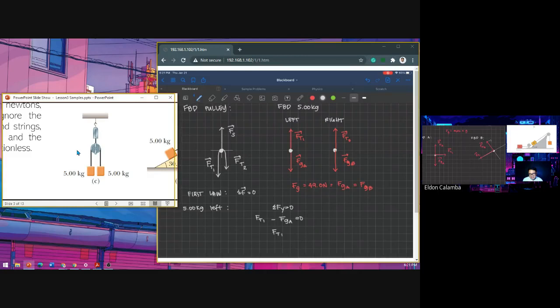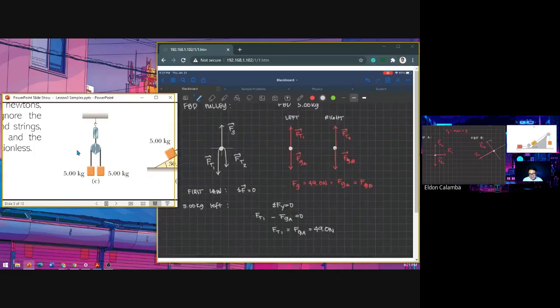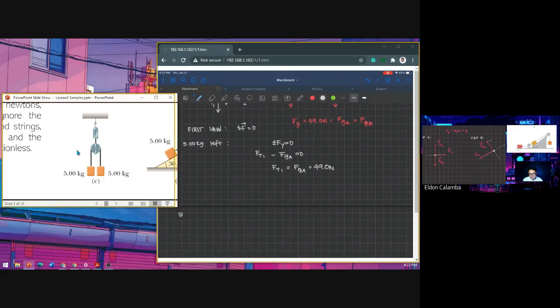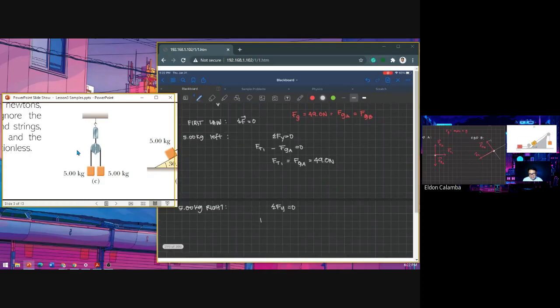So FT1 is just equal to FGA na equal lang kay 49 newtons. Okay? And then 5 kilograms sa right. So summation of forces sa Y equal to 0. You have here FT2 minus FGA equal to 0. Sorry, this should be FGB equal to 0. So FT2, which is equal to FGB, which is equal to 49 newtons pa din.